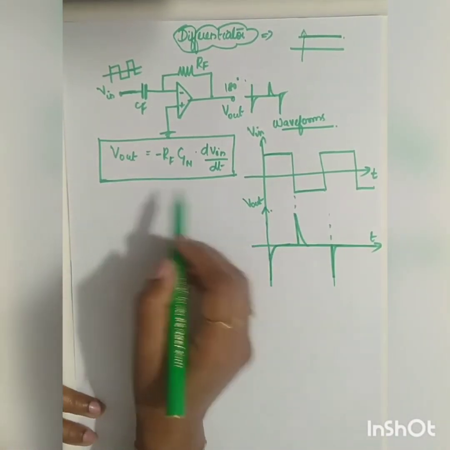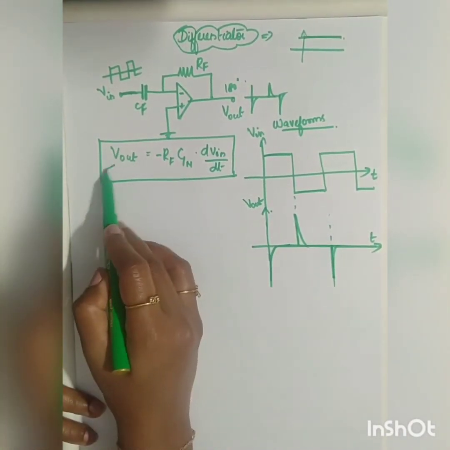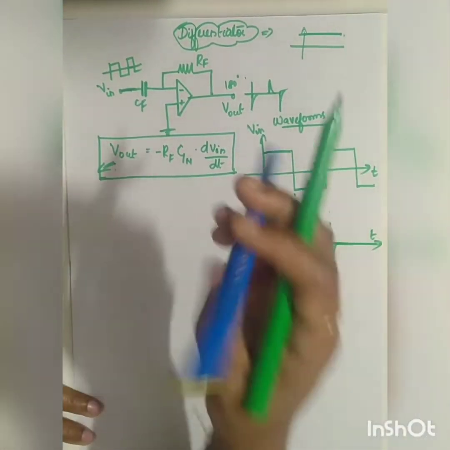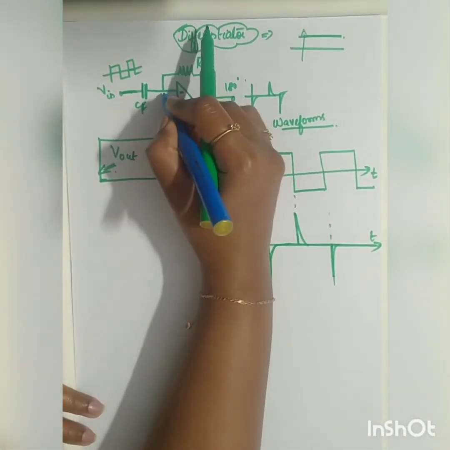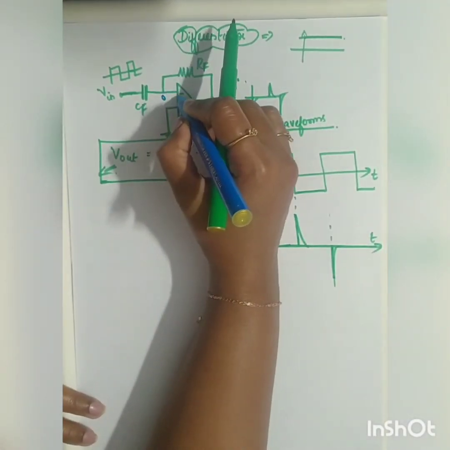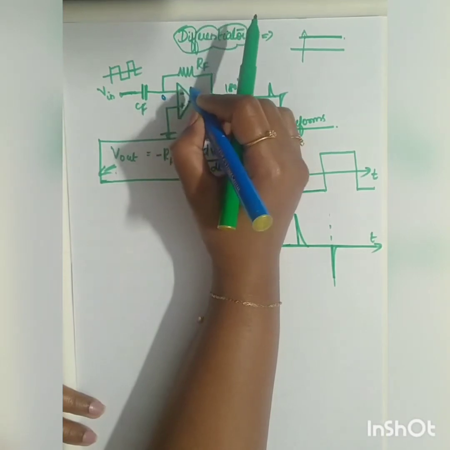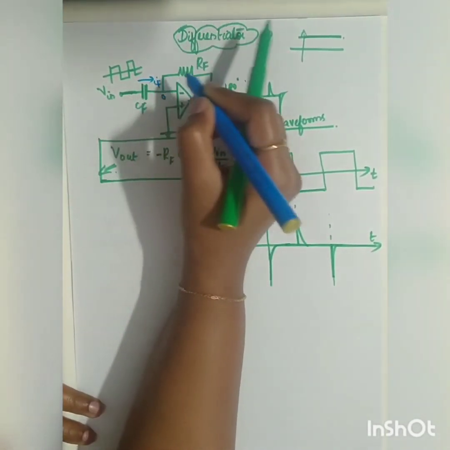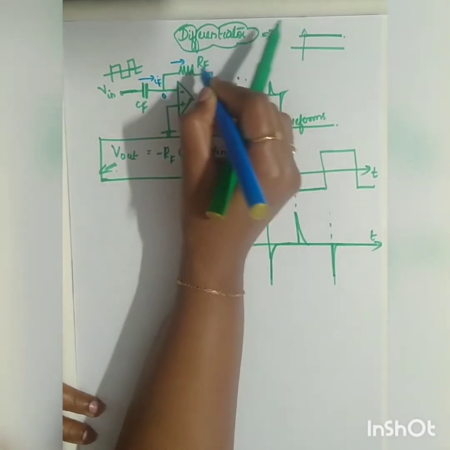Now let me show you how you are going to derive this equation, even though it's not in your syllabus. The same concept here: the non-inverting terminal is grounded. So the value at your inverting terminal of the op amp will also be 0 due to virtual grounding. The current IF will flow across your input capacitor and take the path through your RF.